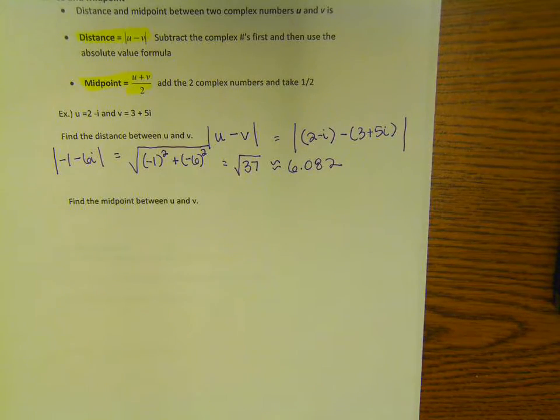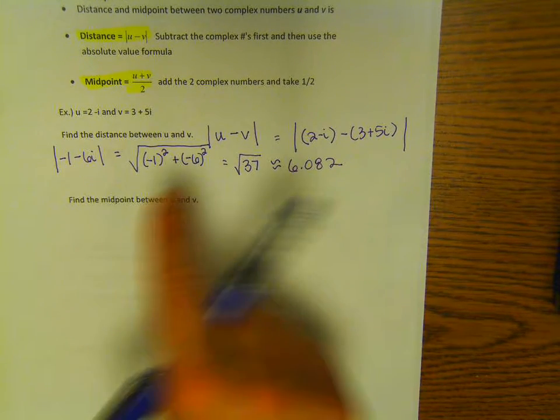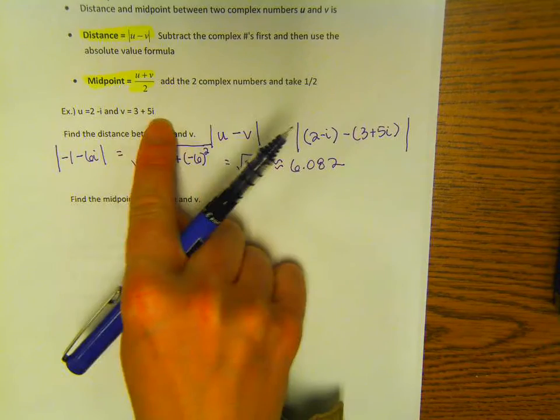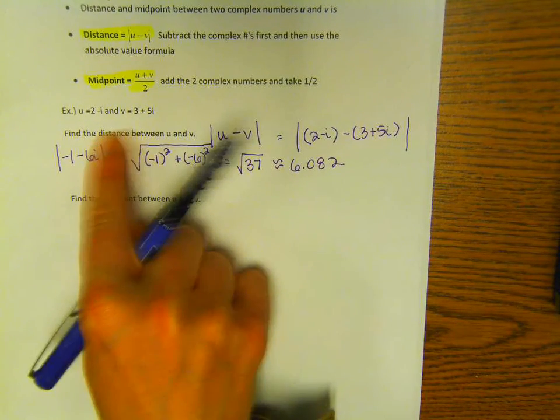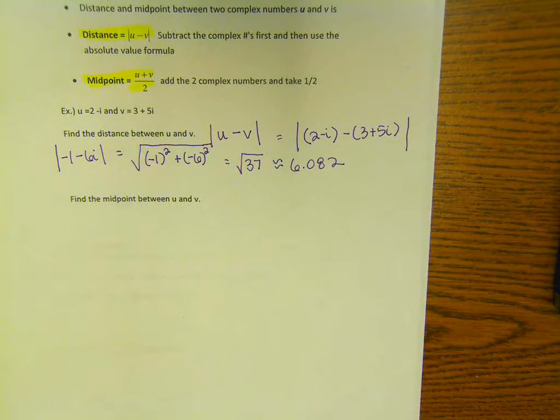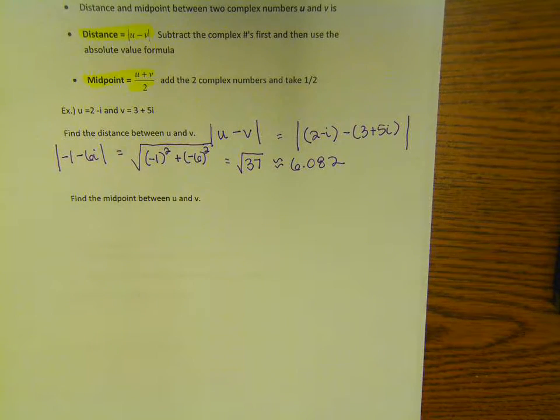Okay, and once again, this is what I was doing. I'm saying if I were to graph these 2 points on the complex plane, I'm finding the distance between those 2 points. Let's graph them just so you can see before we do them.